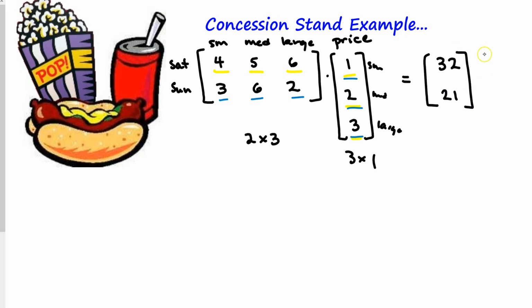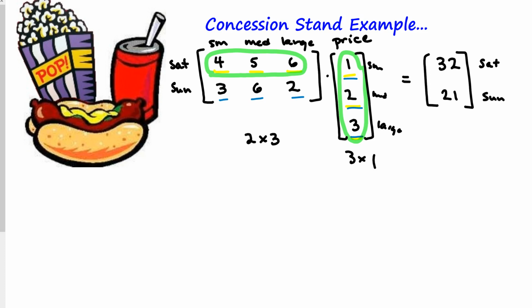So we just have a matrix which represents the total dollar sales on Saturday and the total dollar sales on Sunday. And what we have done here is we have gone across a row and down a column, and we have taken the elements and multiplied and then added each product.